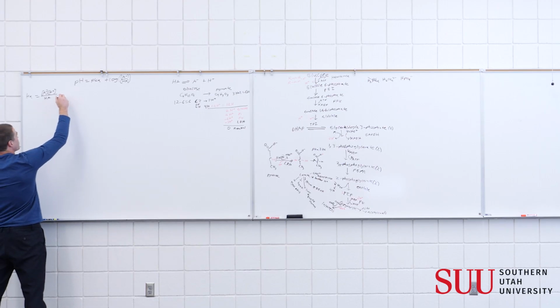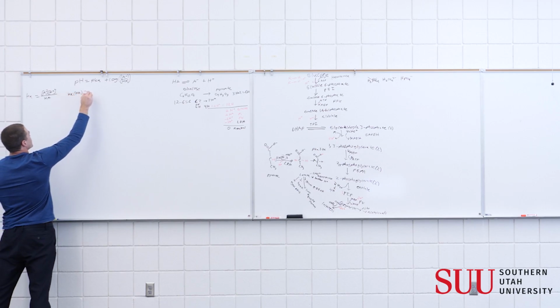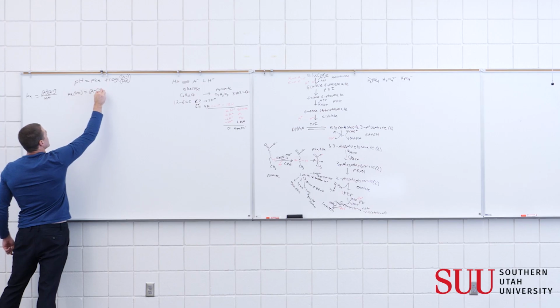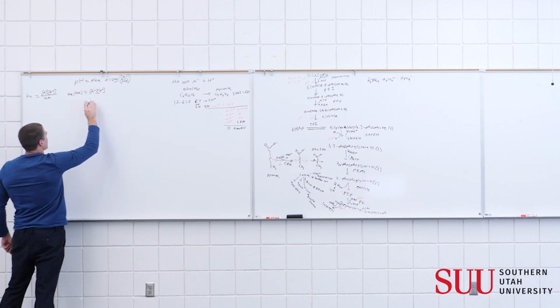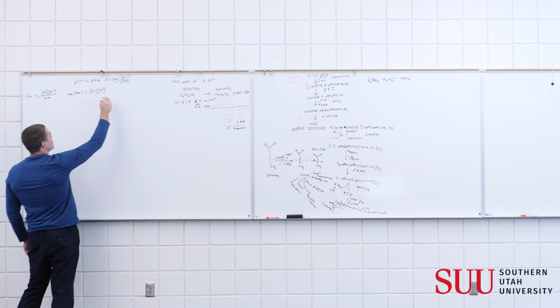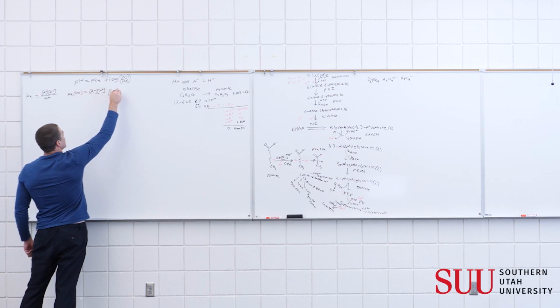So multiply both sides by HA, and we get Ka times HA equals A minus times H plus. And now we can divide both sides by A minus, and I'll just put the H plus on the other side.